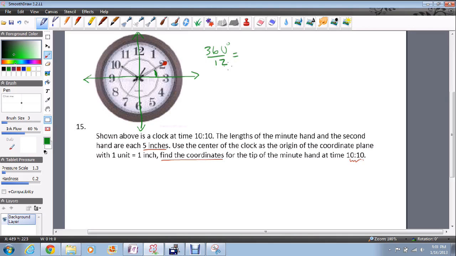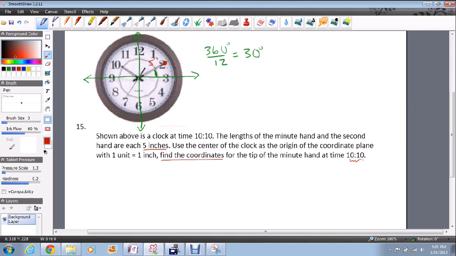So you do 36 divided by 12 and get 3, but we have a 0 in there, so each angle formed by just moving the minute hand to the 1, the 2, the 3, etc., is a difference of 30 degrees. I also want to note that they tell us the radius of each of these hands, or the length of each of these arms, is 5 inches.